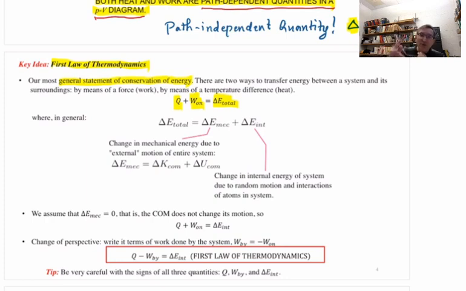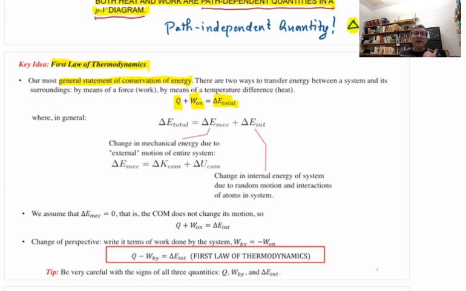If I add 2 joules of energy as heat, Q, and 3 joules of energy as work by doing it on the system, W, then I will discover 5 joules of increase in the total energy of the system, because I added 2 joules by one mechanism, heat, and 3 joules by the other mechanism, work, or vice versa. Okay?